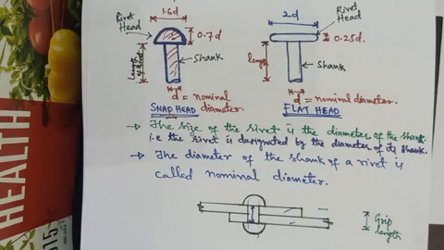So for riveting, a rivet is heated uniformly to light red color and then placed in the hole provided in the plates or structural steel members to be connected.